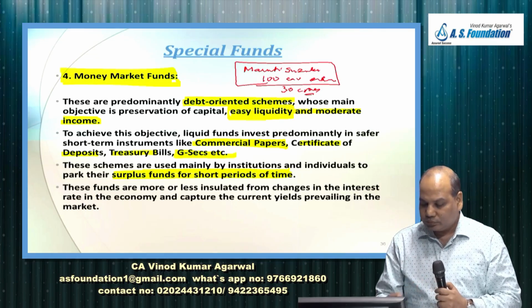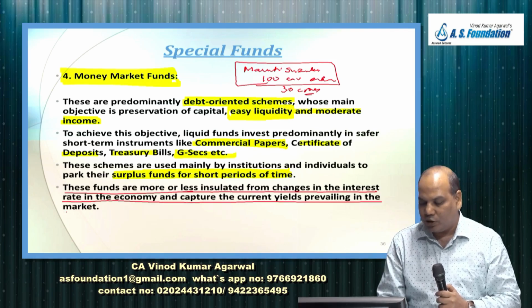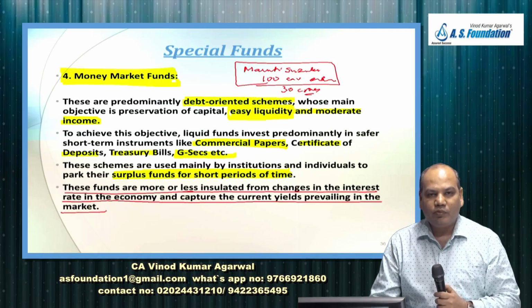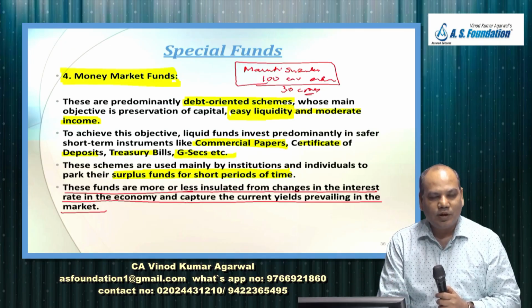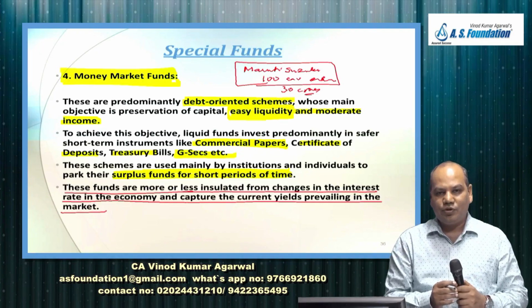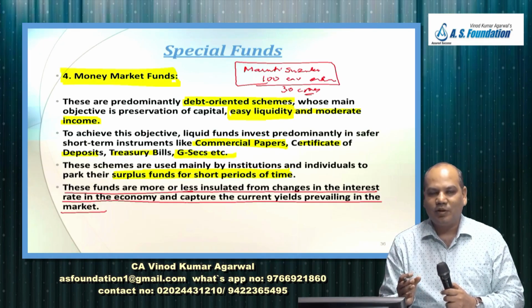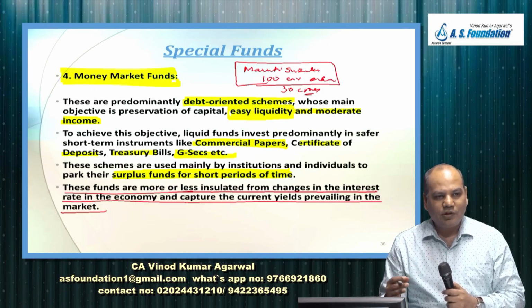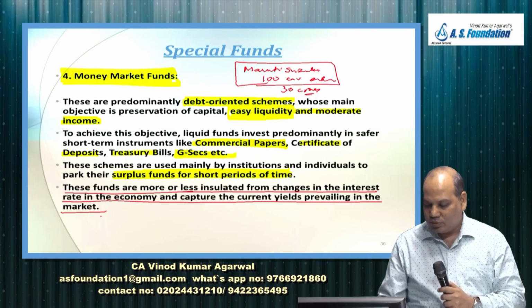This is a highly popular scheme because normally there is no fluctuation in the value of investment. Why no fluctuation? Because they're short-term instruments. Even if the market interest rate changes, if the maturity period itself is 6 months or 9 months, the change in interest rate will not affect the value of the investment much.